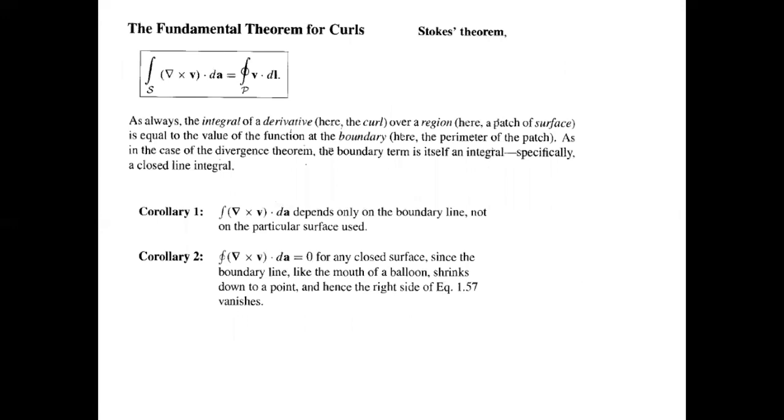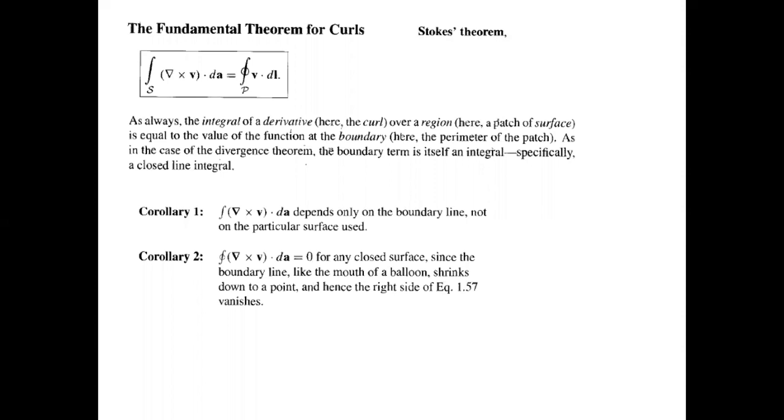For curl also we have Stokes' theorem, which is basically the integral of a derivative, in this case of a curl, over a region, like a surface, equal to the value of that function across the boundary.